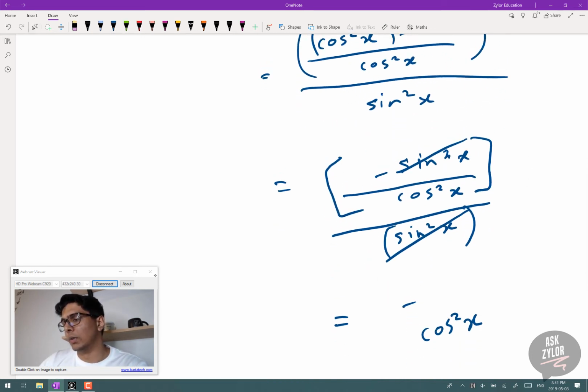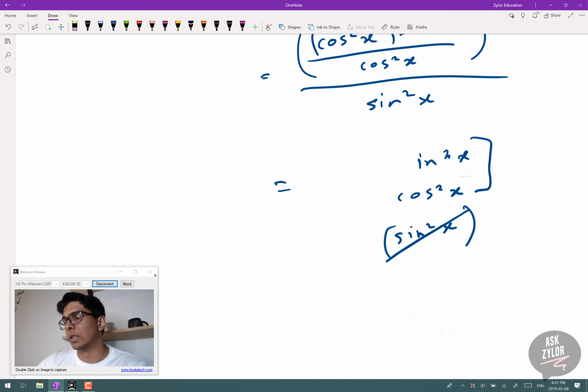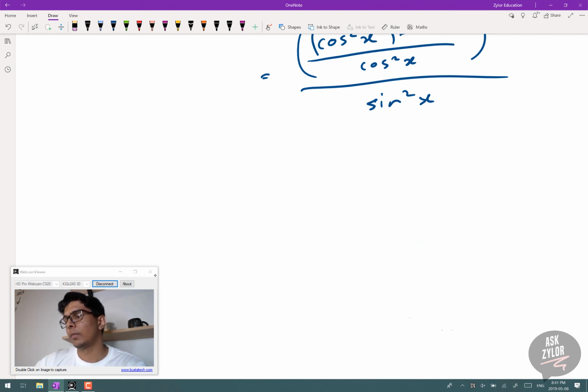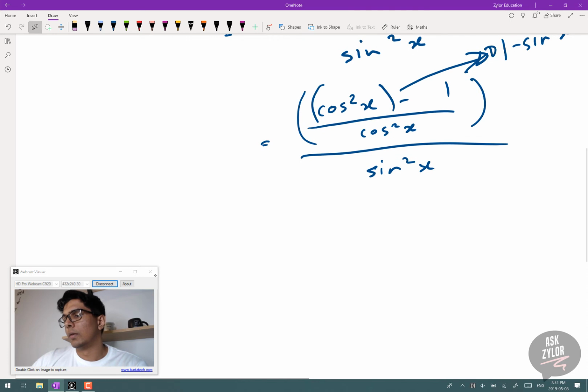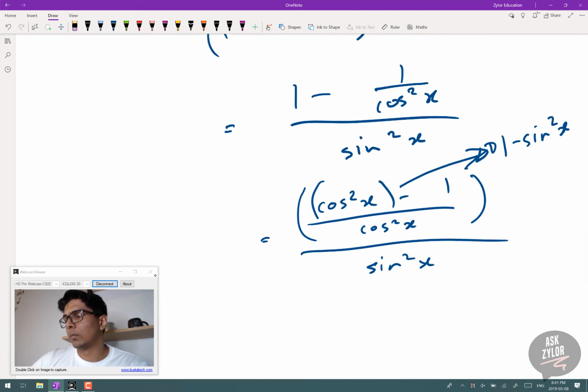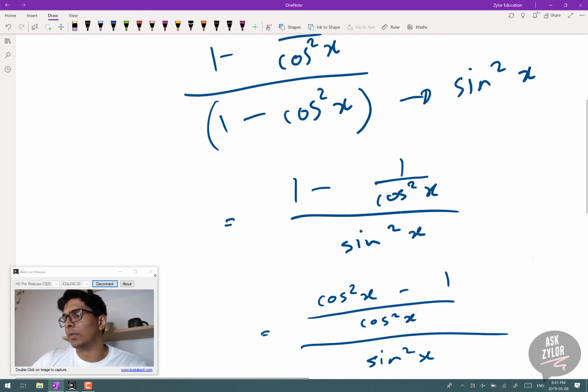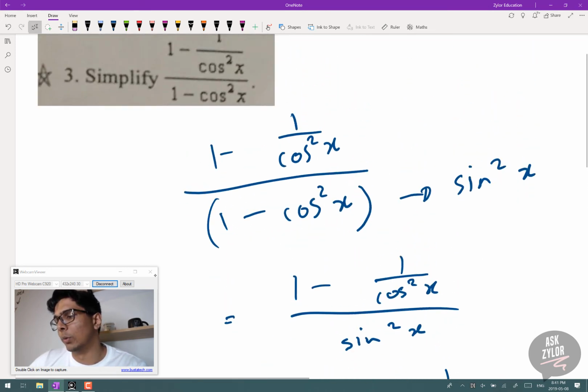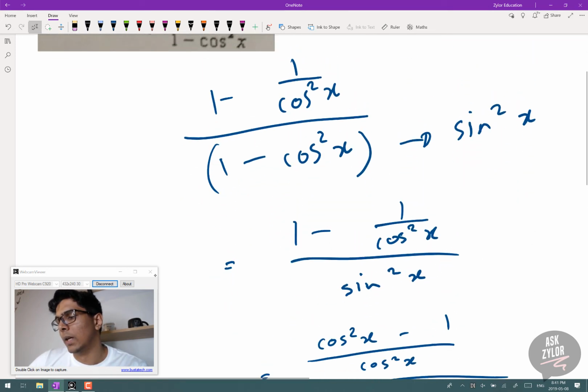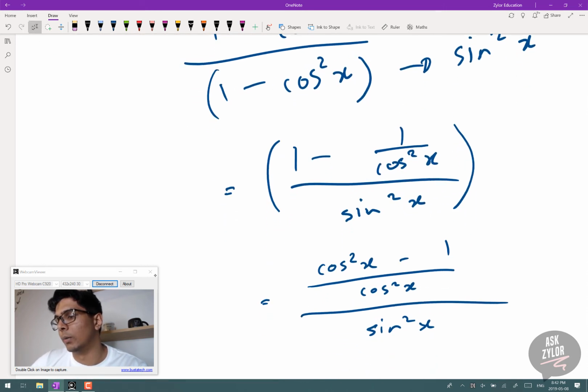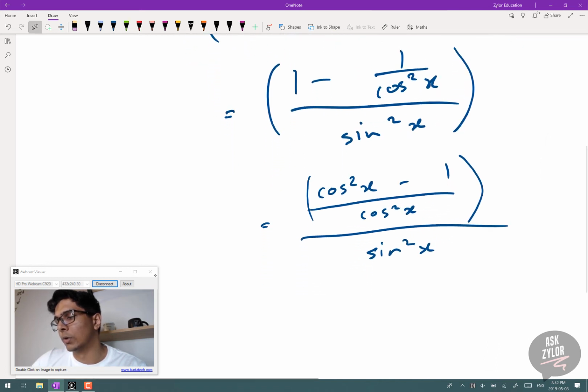So I'm just going to do this again just to show the steps more clearly. Okay, so my first step was I'm going to replace the denominator with sine squared x, right? And then I had this term, and then I went ahead and did common denominator for the numerator, which left me with cos squared x minus 1 over cos squared x over all that over sine squared x.